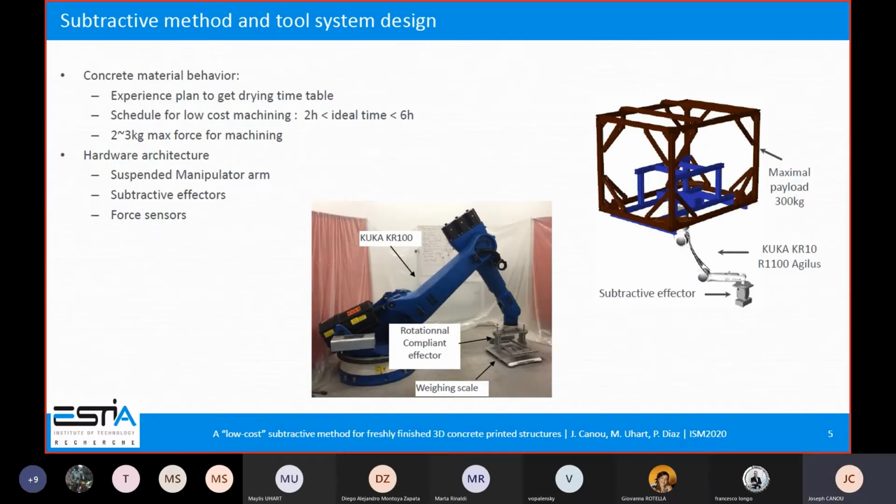Now I will briefly present the subtractive method and tool system design. So the idea is to be able to do some machining on freshly 3D printed concrete parts. So freshly printed means that we need to wait a minimum time of drying before working on it.